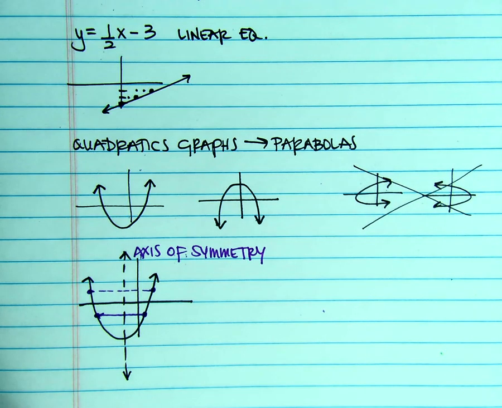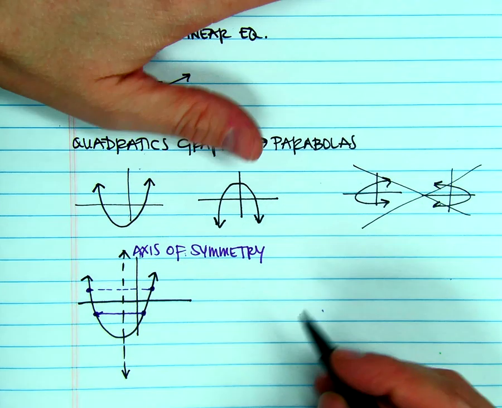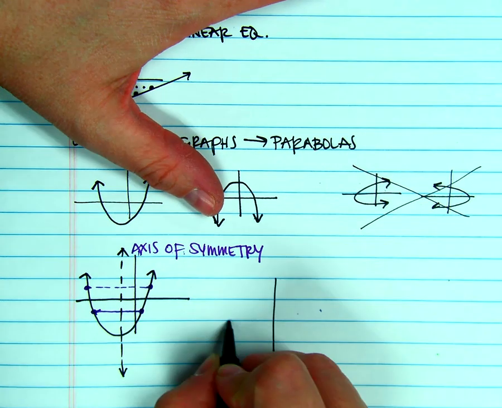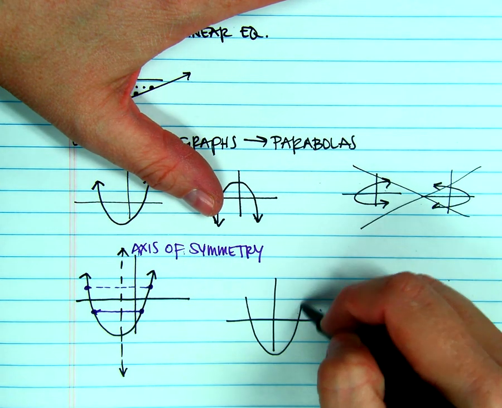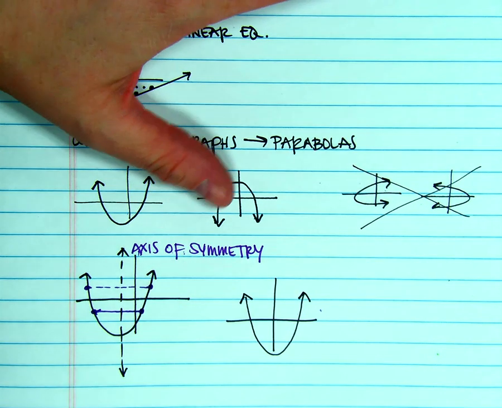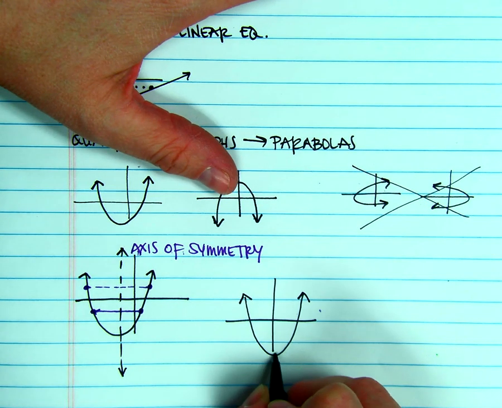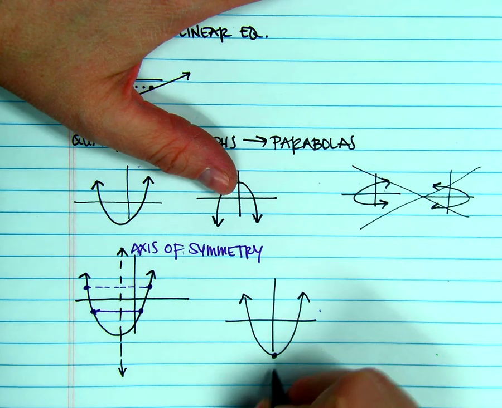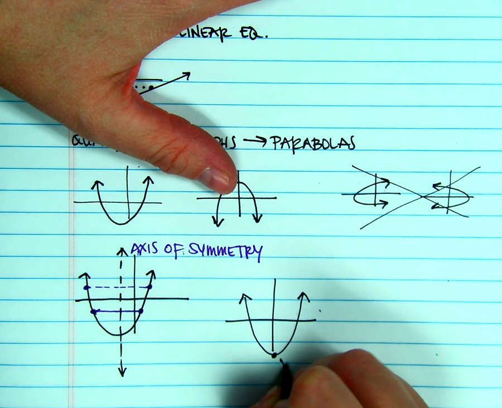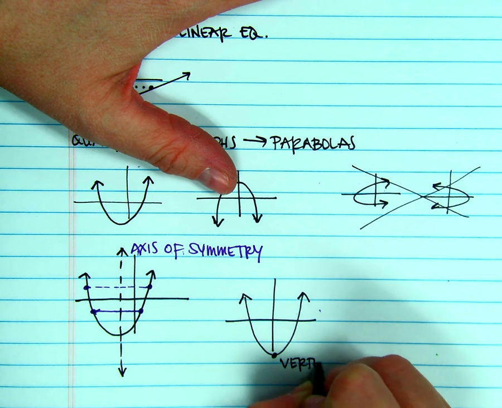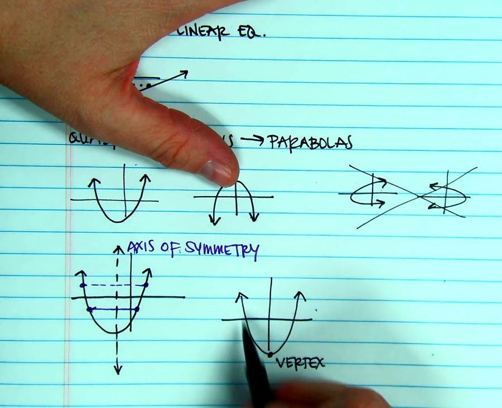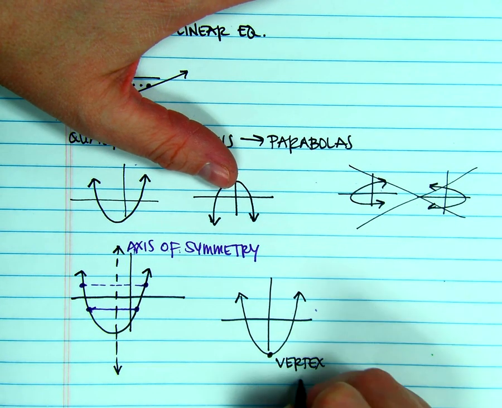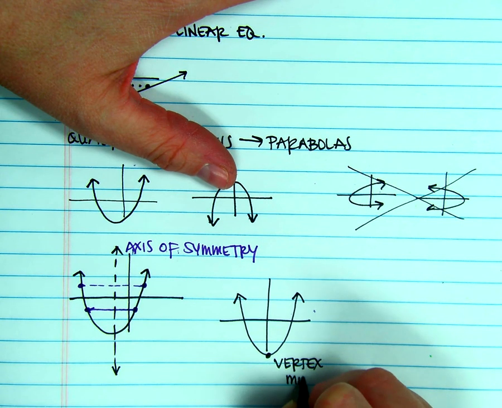When we are talking about a parabola, if you have a parabola that looks like that, it opens up, the lowest point of your parabola is called the vertex, and when the parabola opens up like this, this is also called the minimum.